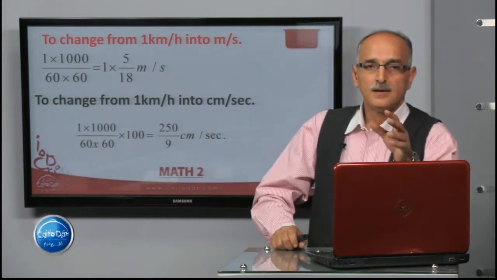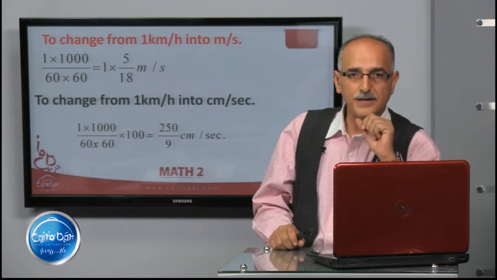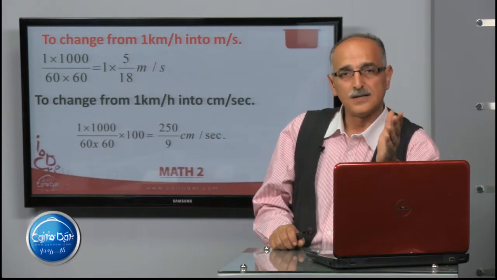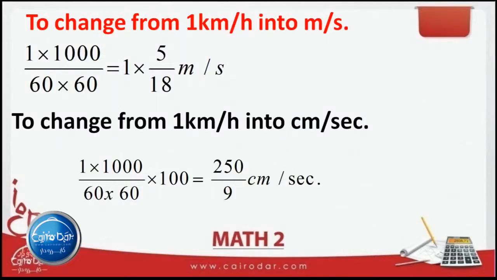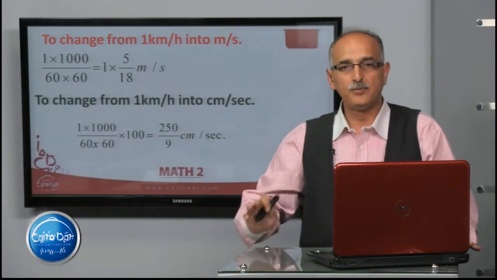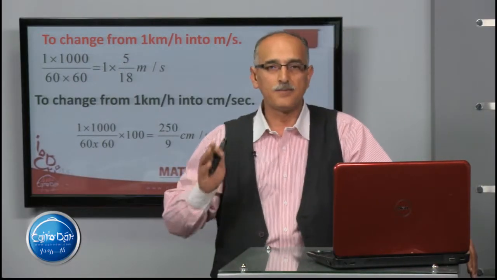How? We have 1 kilometer, 1 times 1000, now it's in meters. 60 times 60 means from hour to second. Now 1000 over 60 times 60 is equal to 5 over 18. So when we change from kilometer per hour to meter per second, we multiply by 5 over 18.